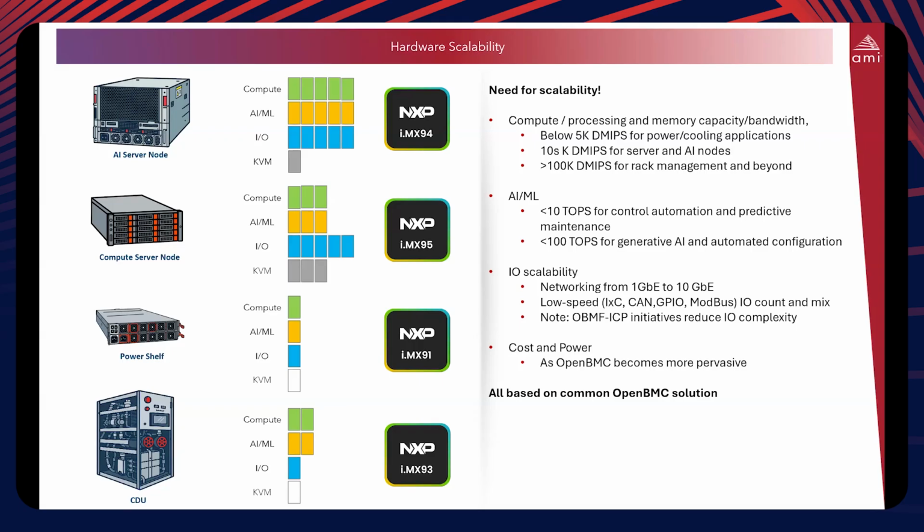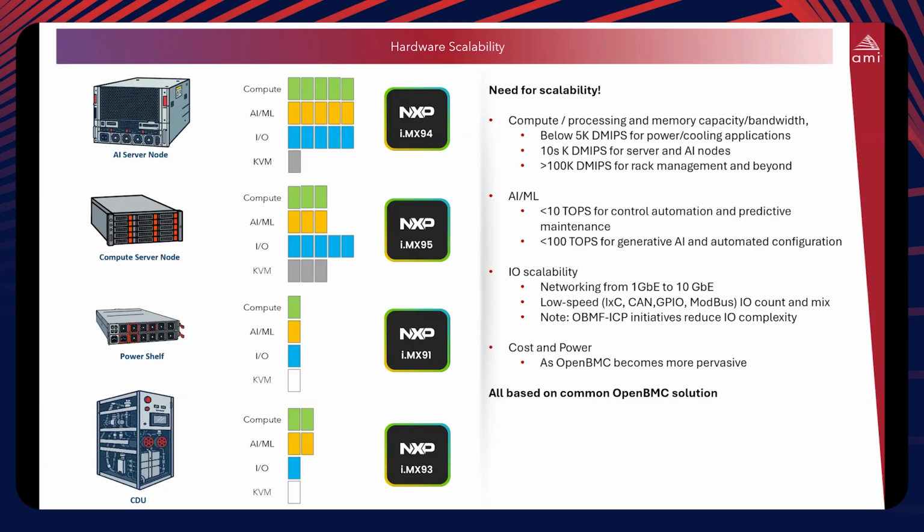We see it in AI/ML acceleration. There was a question much earlier today on AI/ML making it into these BMC controller chips to either do predictive maintenance or eventually automated control, run an LLM, have an LLM manage the system locally rather than remotely. So there's a different scale of AI/ML acceleration, as well as a different scale in I/O.